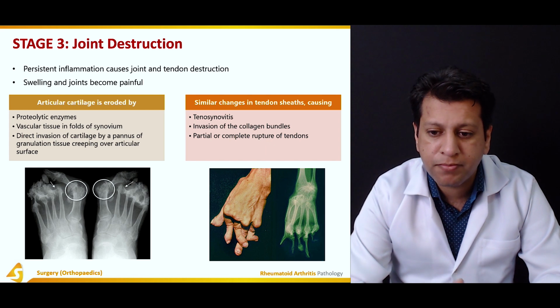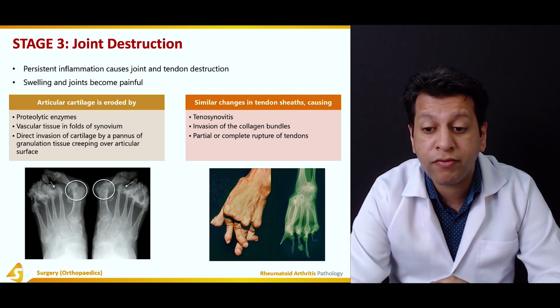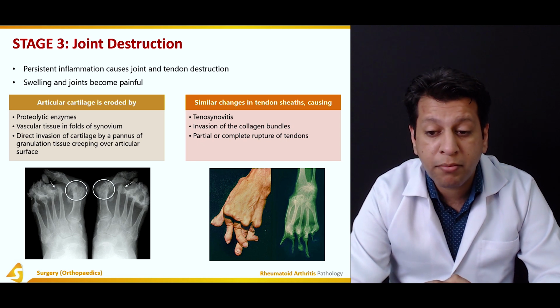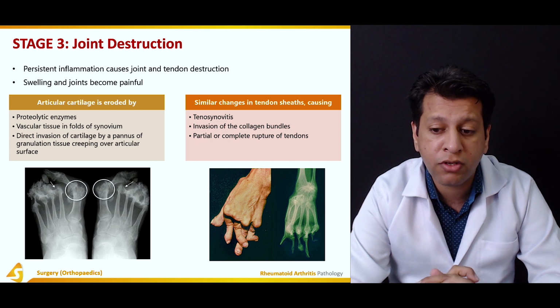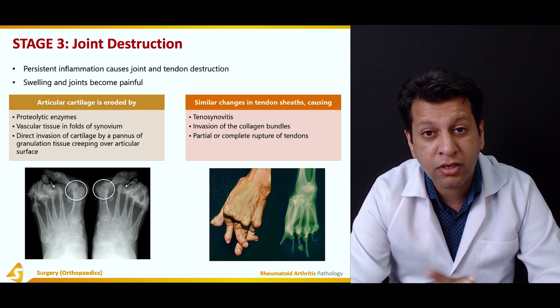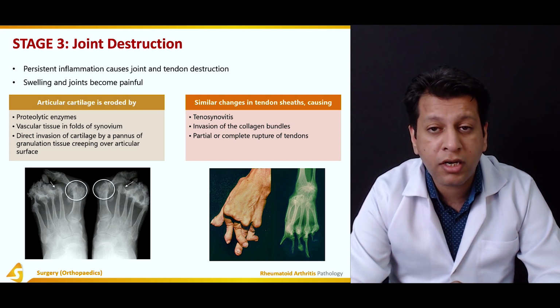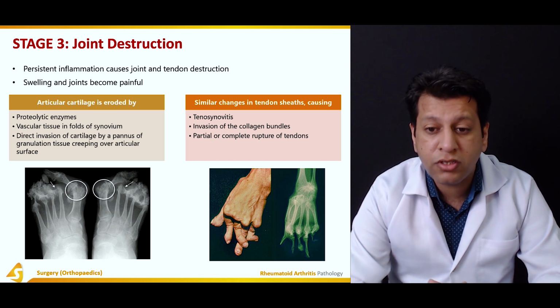Now on the right side, there's a picture of a hand, and as you can appreciate, how much gross deformity of the hand eventually develops when the metacarpophalangeal and interphalangeal joints of the hand are destroyed, such that the patient is unable to carry out his or her activities of daily living because of these deformities.